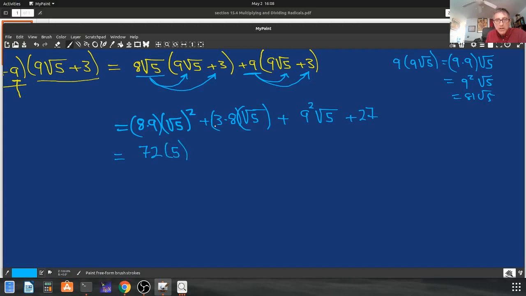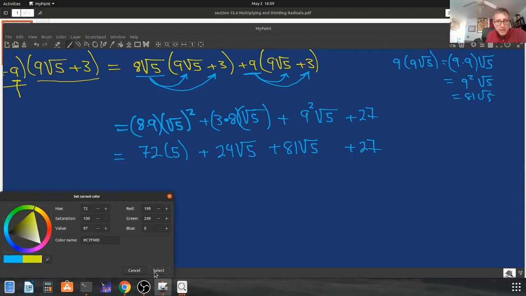And that's a times there. It's not a minus. 3 times 8 is 24 on the square root of 5. And 9 squared is 81 on the square root of 5 plus 27. Go back over here.